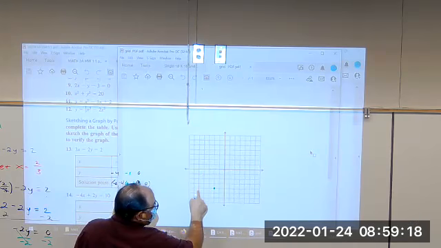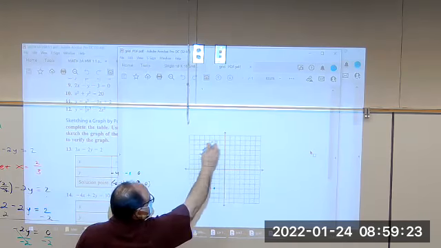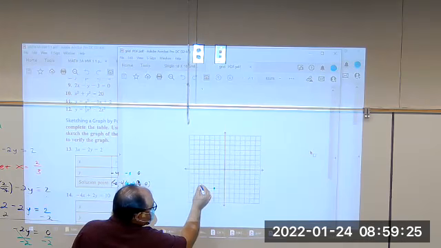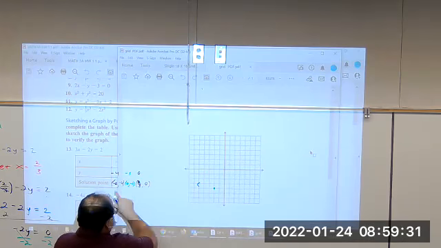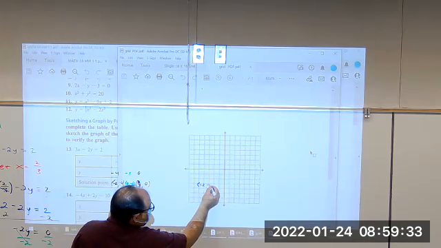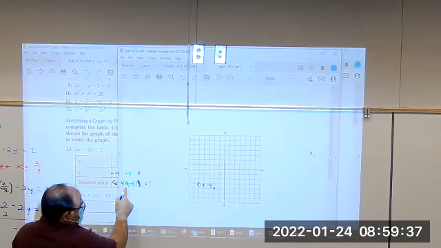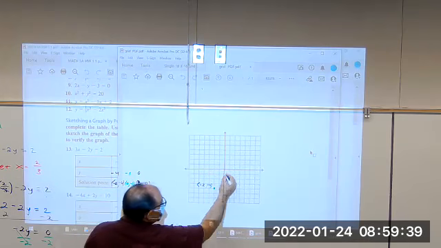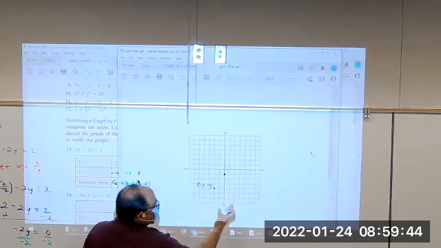If you graph a point that's in the quadrants, then I expect that you label it with its ordered pair. Don't expect that I'm going to count it. Label it with its ordered pair. That would just be negative 2, negative 4. 0, negative 1. At x equals 0, y is negative 1. Right there.